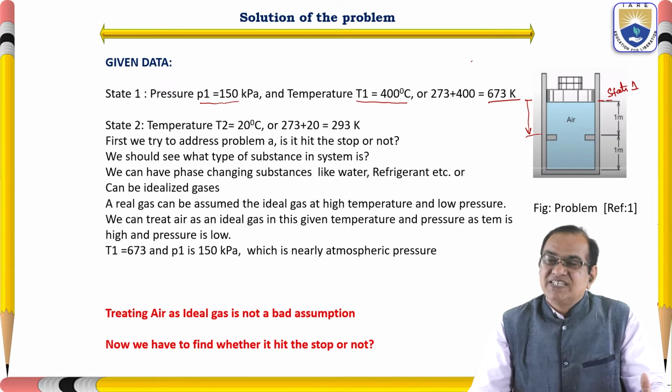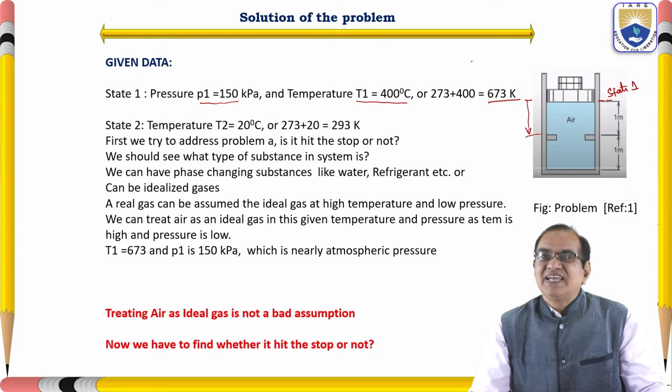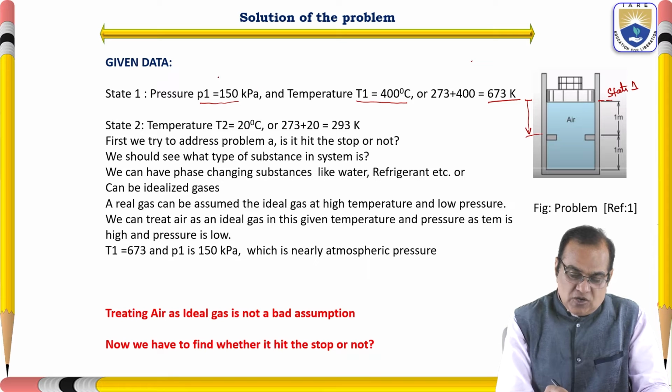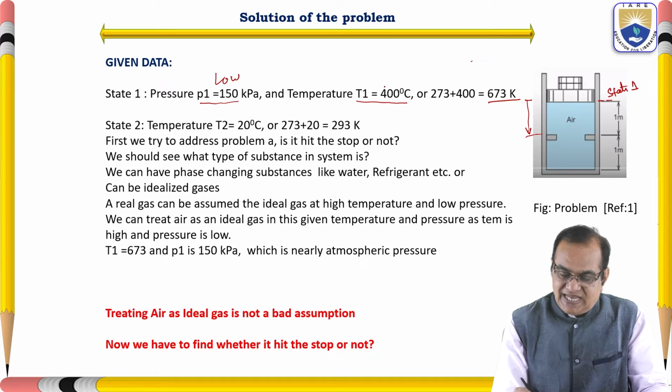But air in this condition, mostly we can assume that it is an ideal gas. So we can idealize these gases. A real gas can be assumed to be an ideal gas at high temperature and low pressure. As I have explained, it is a low pressure here, and this is a high temperature.